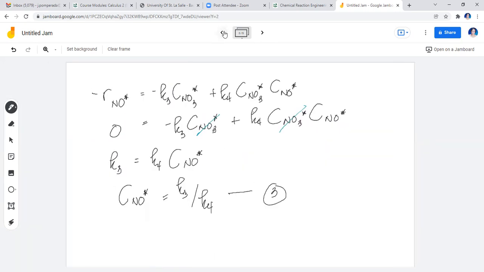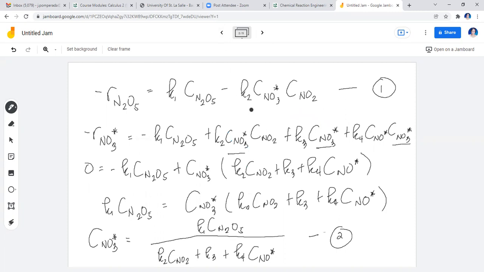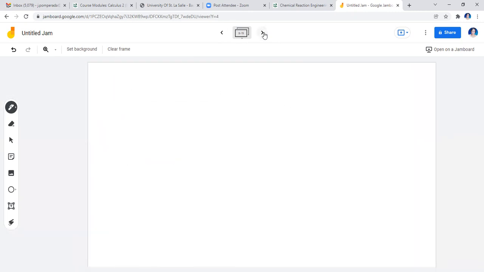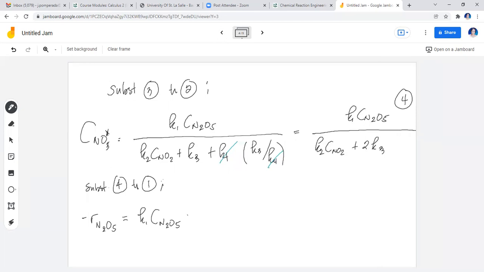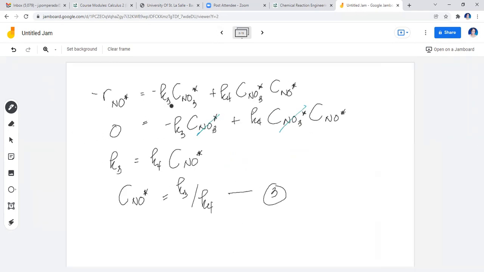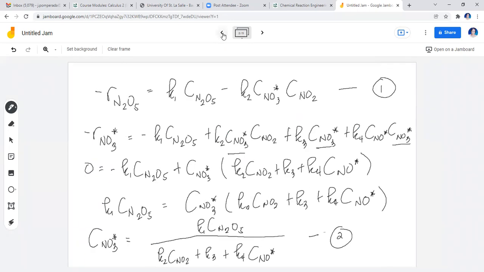And then we have the second term, which is K2 C NO3 C NO2. Minus K2 C NO2, the C NO3 I will replace by the equation 4 that we have made.